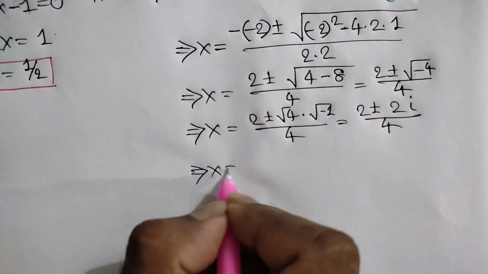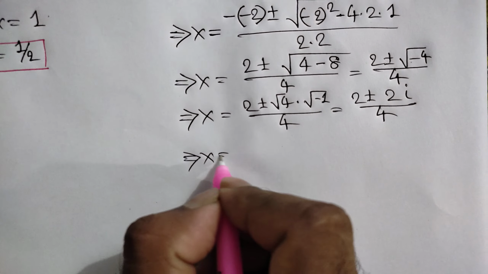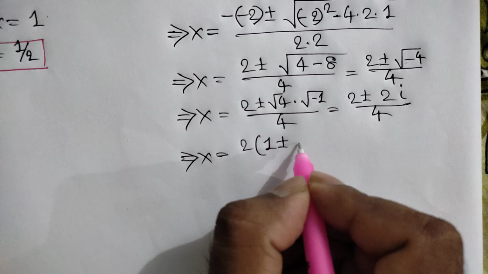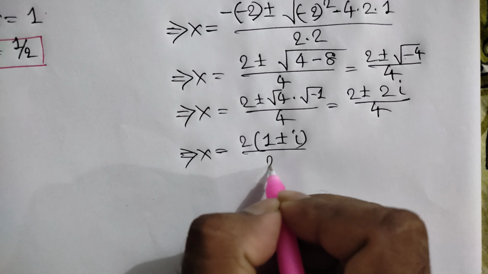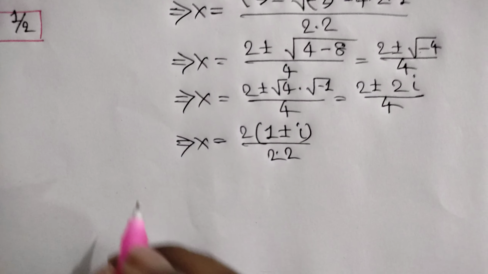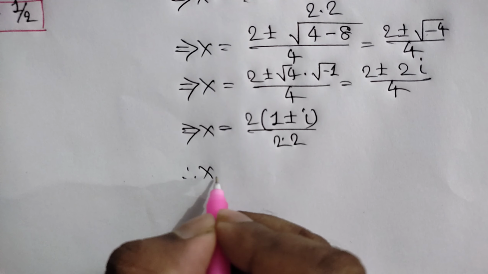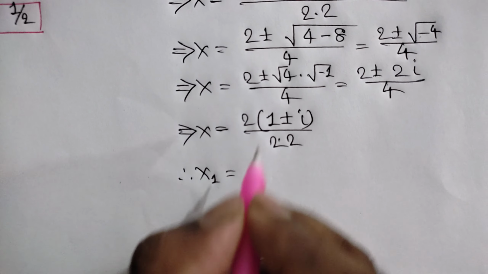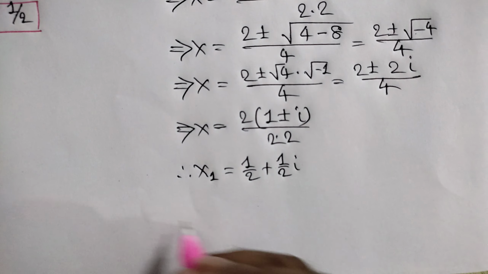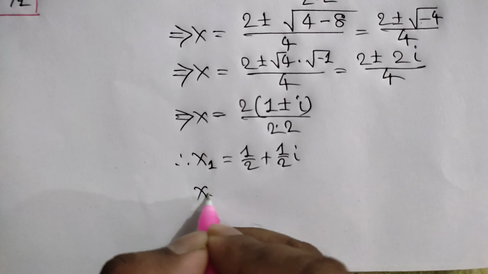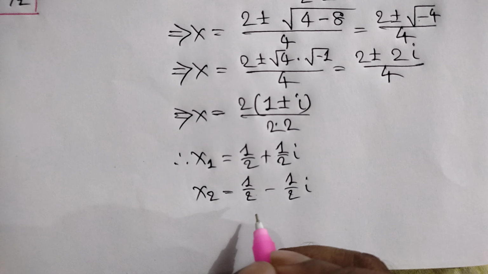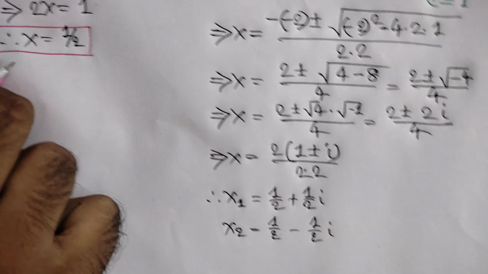Or x is equal to, taking common 2, we will get 1 plus or minus i over 2 times 2. So finally the value of x1 is equal to half plus half i, and x2 is equal to half minus half times i. So there are total three values of x.